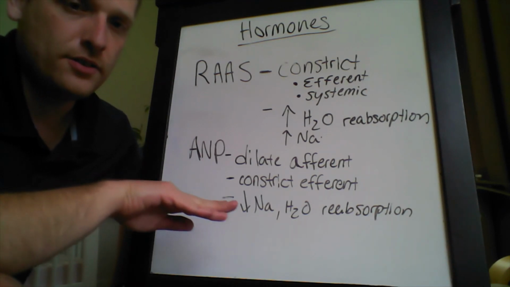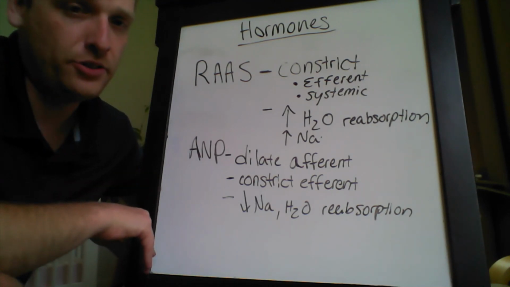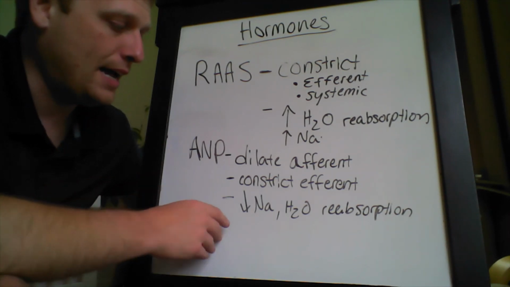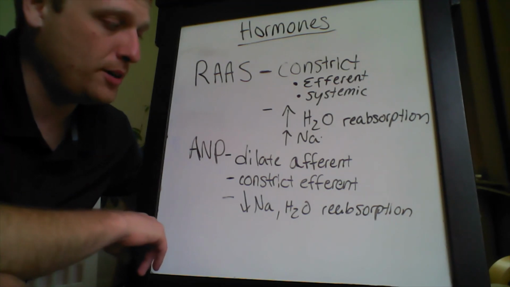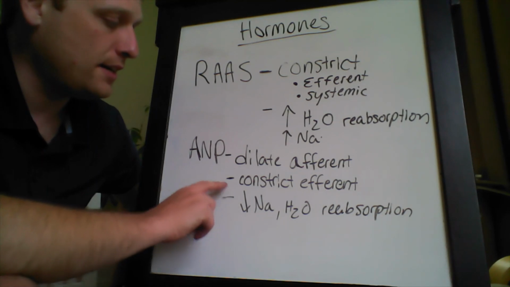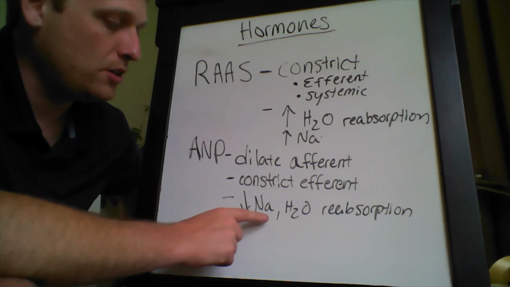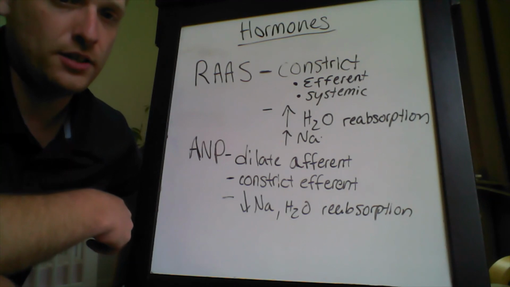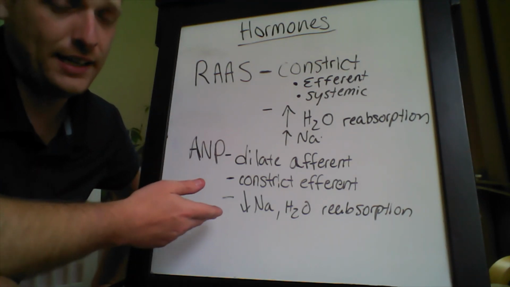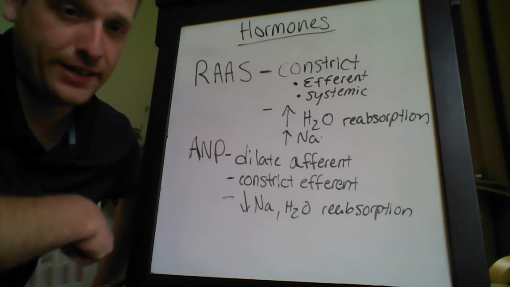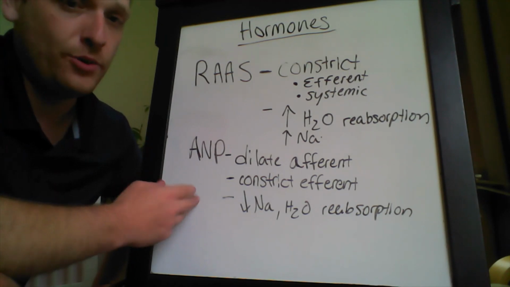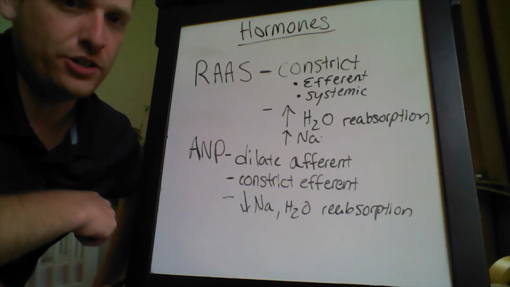So the higher the glomerular filtration rate, the faster filtrate moves through the nephron, and the less time there is to reabsorb sodium, and the less time there is to reabsorb water. So that increase in GFR is going to lower sodium and water retention. It's going to dilute the urine, and it's actually the heart's mechanism for decreasing systemic blood pressure. But it happens to do that through increasing glomerular filtration rate.